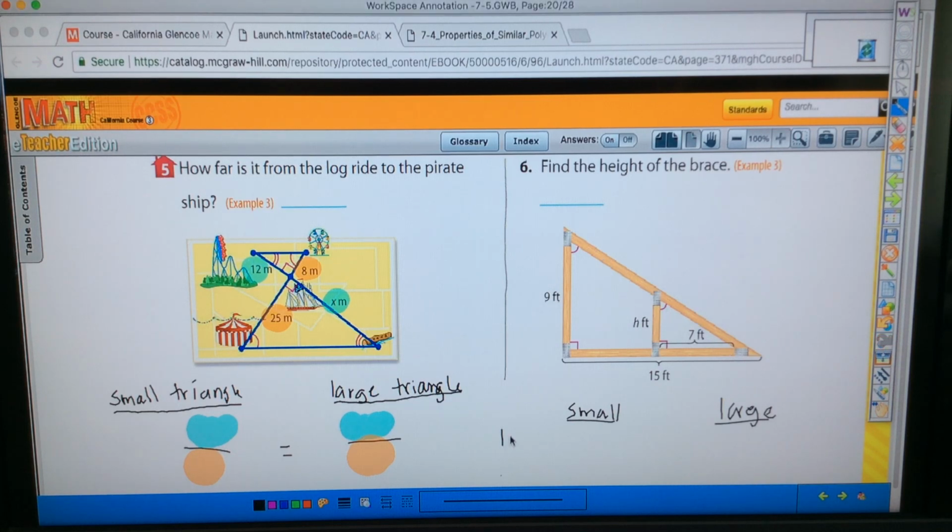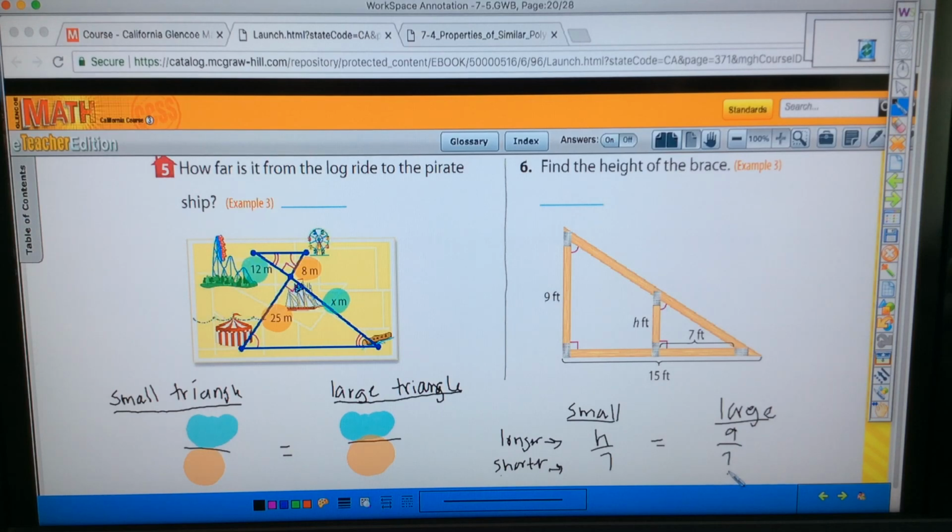So let's say longer, shorter, because they're both legs. If I call them both legs, it's not going to be helpful. Okay, so let's see here. Of the smaller, one of the legs is unknown. We're calling that H, right? The other leg is 7 feet. Is equal to. Okay, so what's the unknown height going to correspond with? Well, it's the shorter of the 2 legs of the larger triangle. So that's going to be 9.